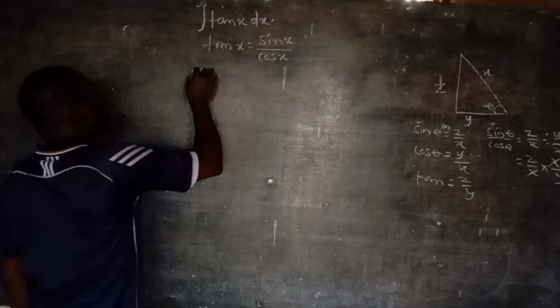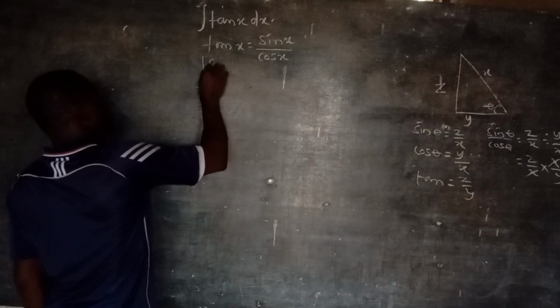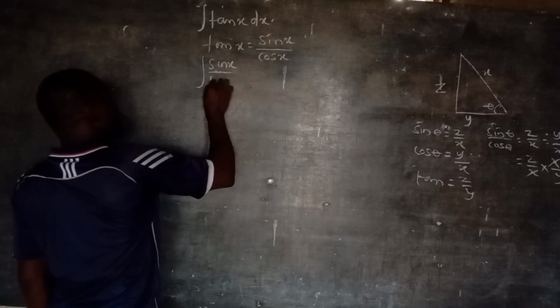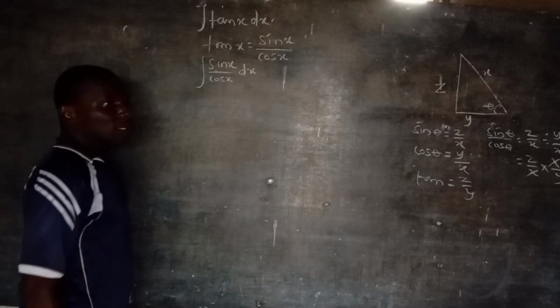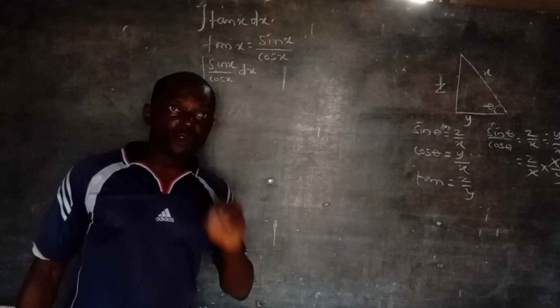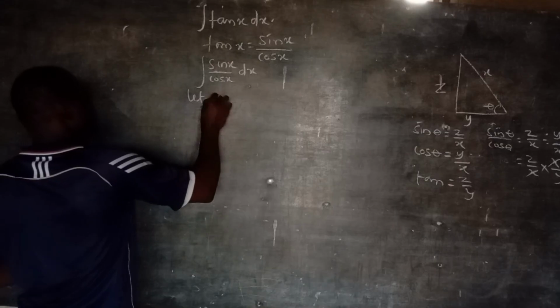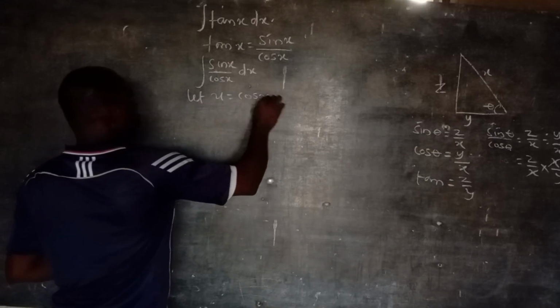So how do we do this? Now, very simple. We're going to replace tan x with this sine x over cos x. We're going to use integration by algebraic substitution. So we let the denominator here be u. Why are we doing that?